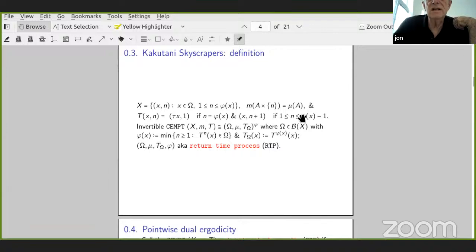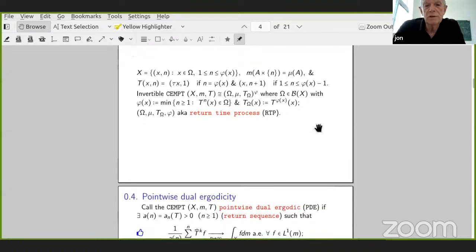And otherwise, you just climb up. If I had an invertible transformation, then any invertible transformation is actually isomorphic to a skyscraper of this form, where you take any measurable set with finite measure and you define the return time function in the induced transformation in the usual way. Otherwise, T will be a factor of the tower if it's not invertible.